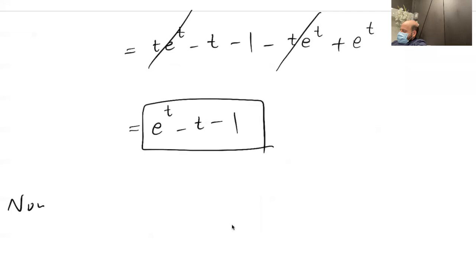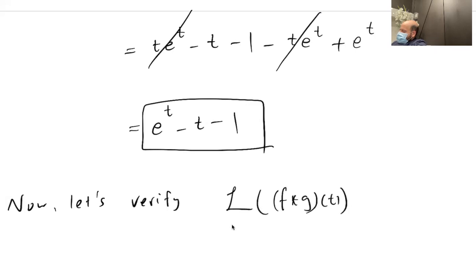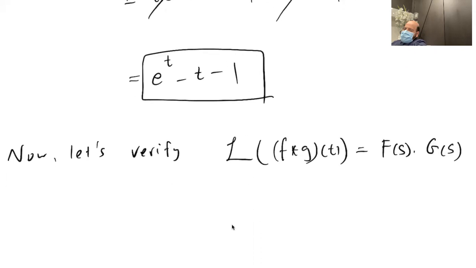Now let's check, or let's verify that Laplace transform f star g of t is equal to capital F of s times capital G of s. So what are capital F of s and capital G of s here?